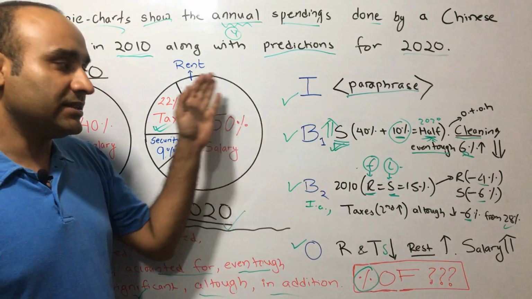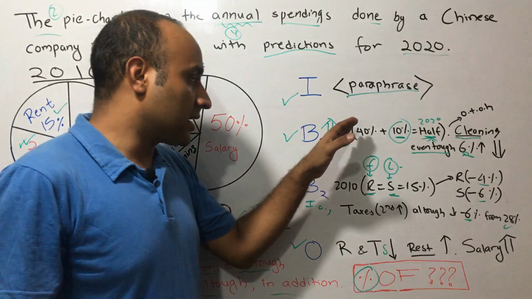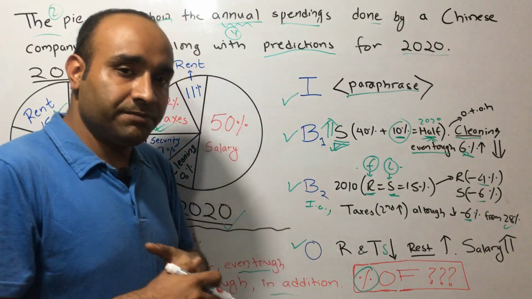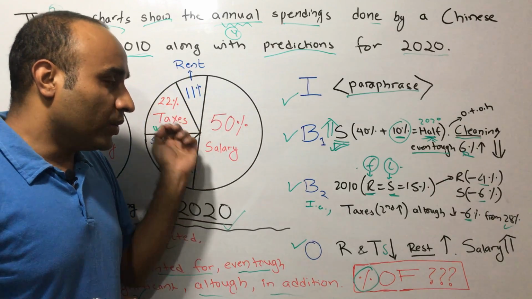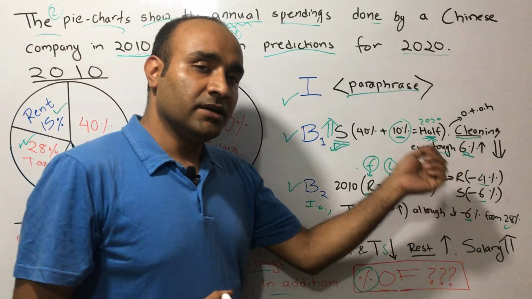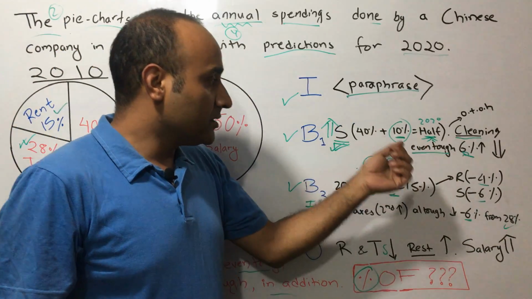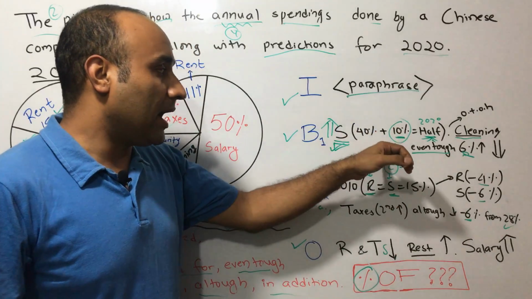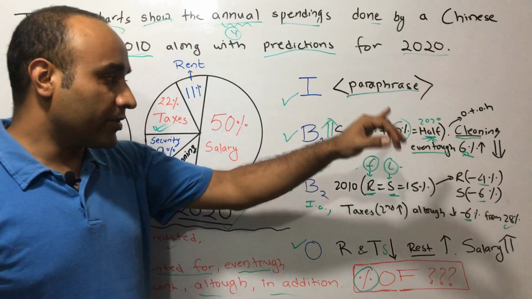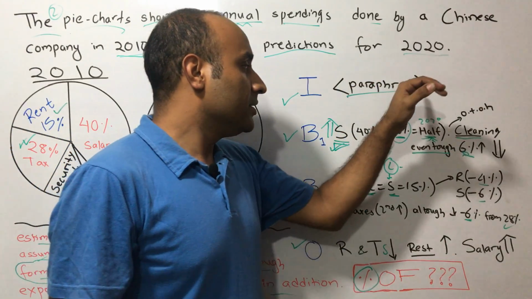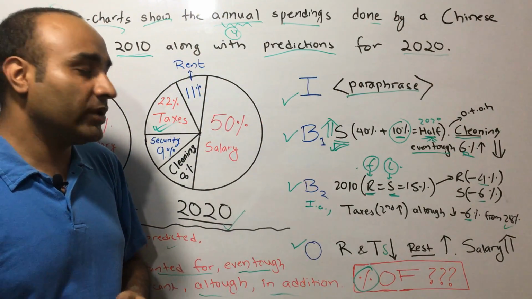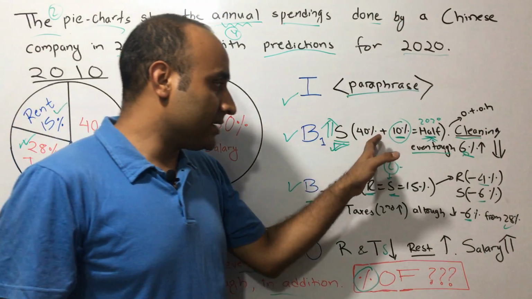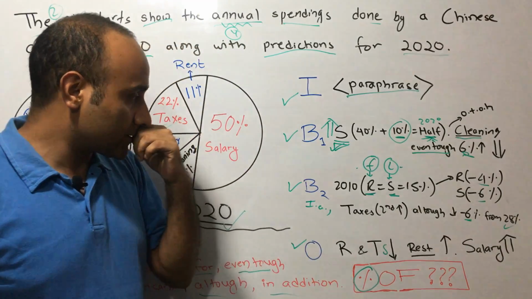In 2010, salaries accounted for 40% of the total expenditure, which is expected to increase significantly by 10%, covering half of the budget by the year 2020. So now I managed to throw in a few of the words that we discussed here.